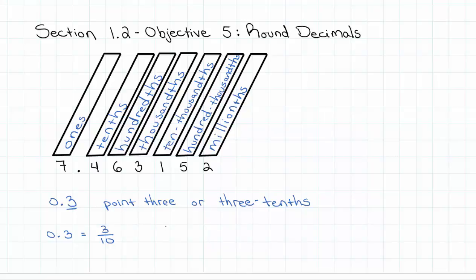So what does 0.28 mean? This is going to mean the same thing as, since the 8 is in the hundredths place, right? You would read the number just the way you would normally read it.